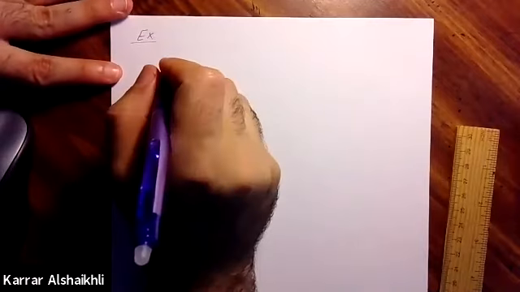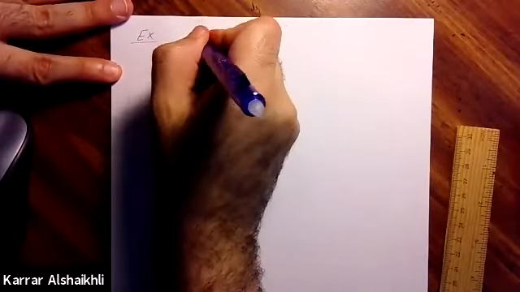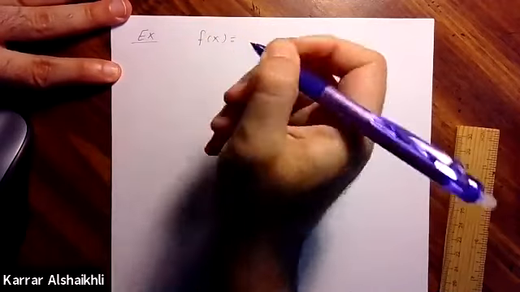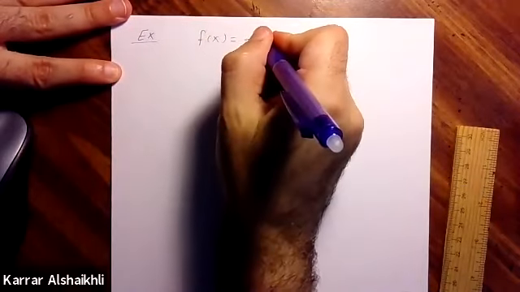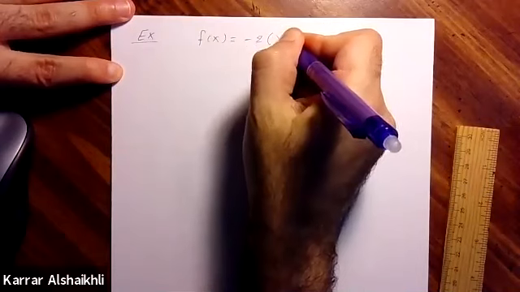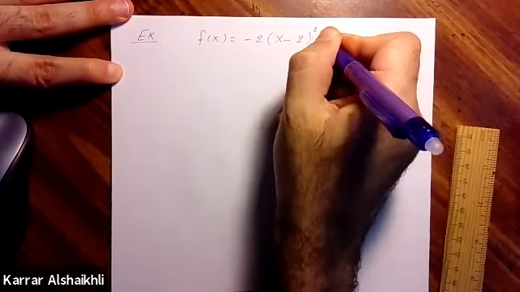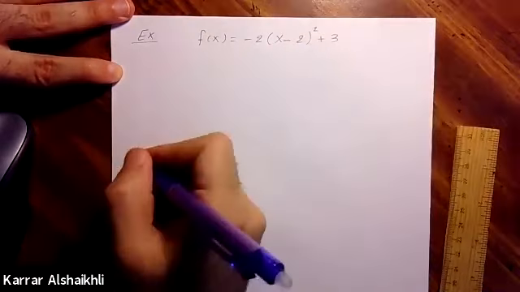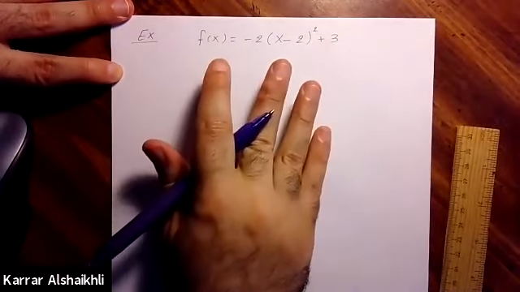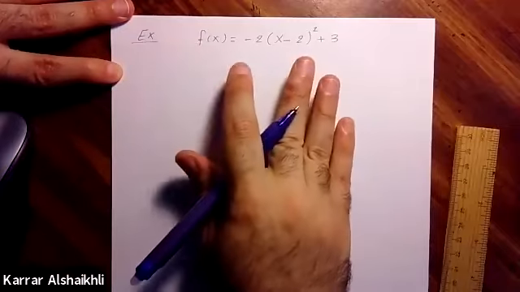Find the vertex. We have f of x equal -2 times x minus 2 squared plus 3. To find the vertex, you see we have equations now.